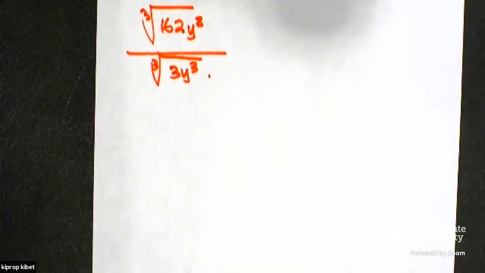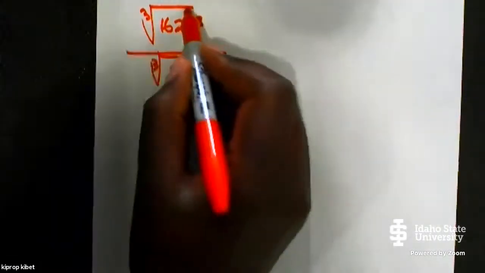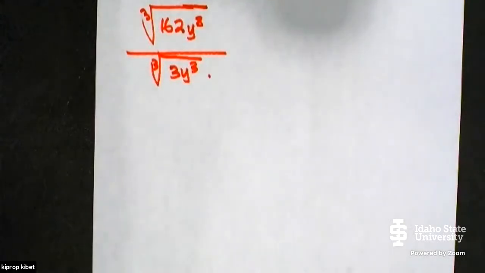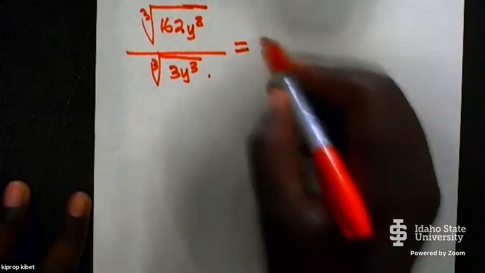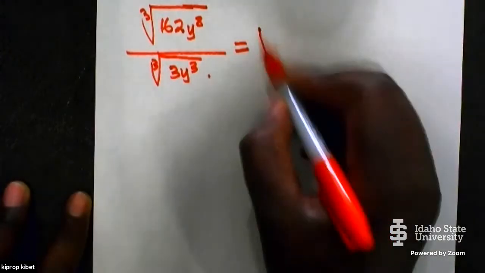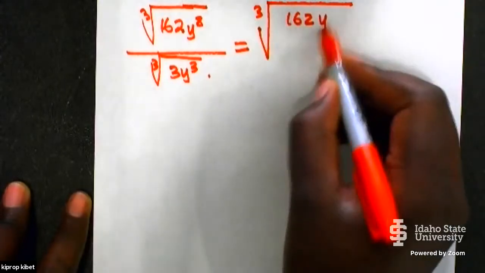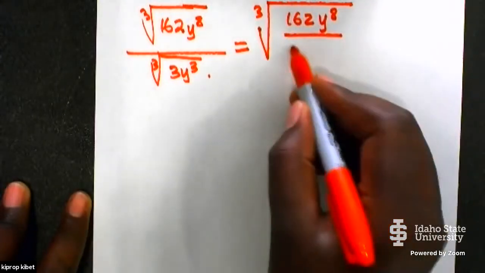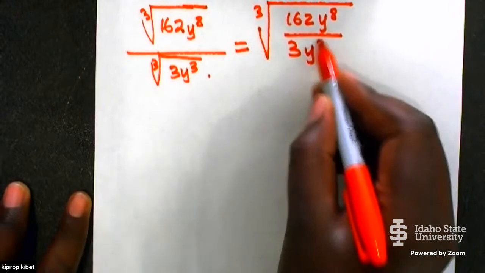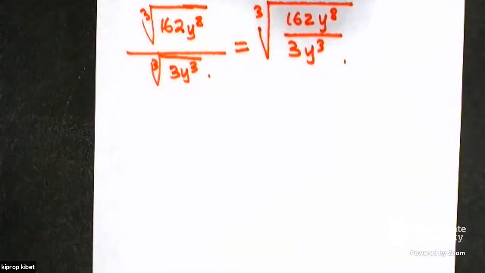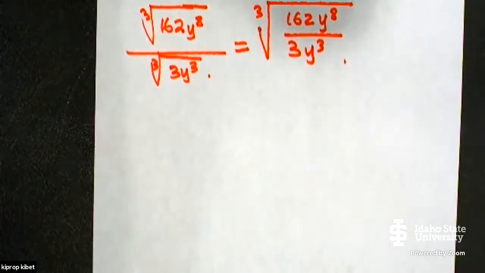The cube root of, so all of this like that. So this is similar to the cube root of 162 y raised to 8 all over 3 y raised to 3.